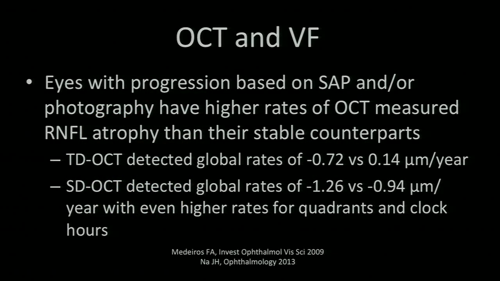Eyes with progression based on perimetry or photography have higher rates of OCT measured RNFL loss than their stable counterparts. And these studies have shown that whether time domain or spectral domain OCT is used, the rate of RNFL thinning is greater in the eyes that show functional damage than those that don't.